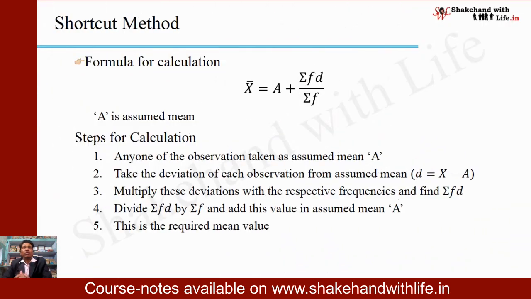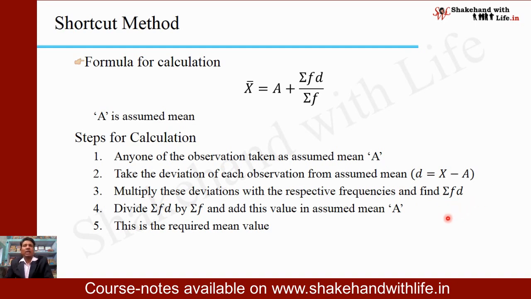Now the shortcut method for the discrete data series. The formula is X bar equal to A plus sigma FD divided by sigma F. Here A is the assumed mean, and the steps for calculation are: any one of the observations is taken as the assumed mean first, then take the deviation of each observation from the assumed mean, which is D equal to X minus A. Multiply these deviations with the respective frequencies and find sigma FD.